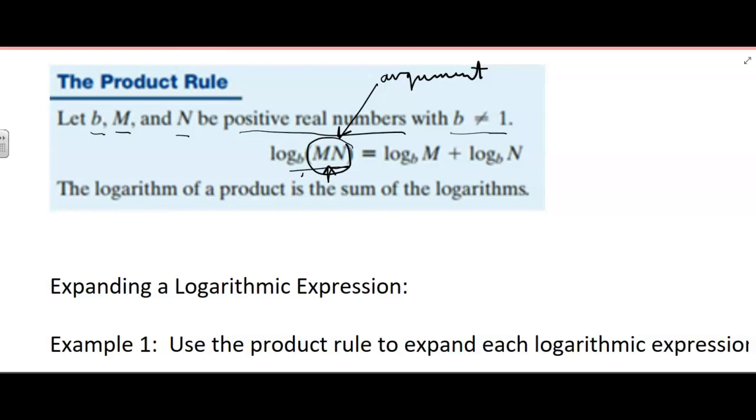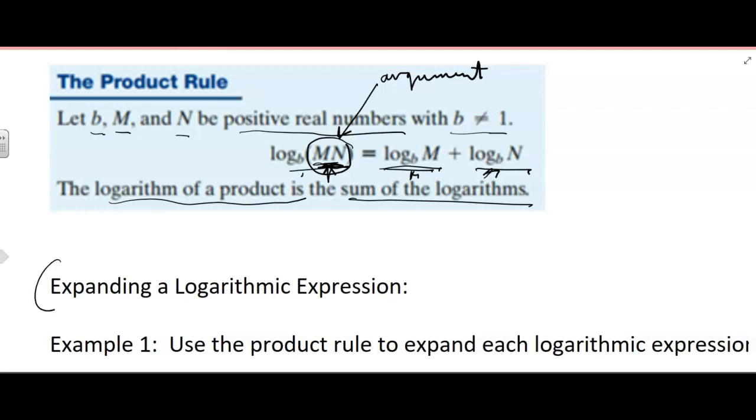If you're taking the logarithm of 2 things being multiplied together, you can split it up into separate logarithms. So the base stays the same. They're both base b, but it's log base b of m plus log base b of n. So the logarithm of a product is the sum of the logarithms. You split it up.